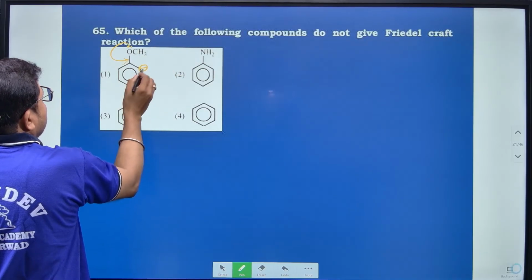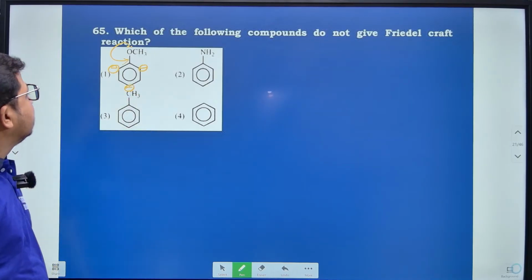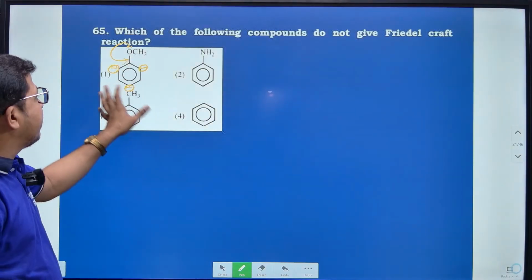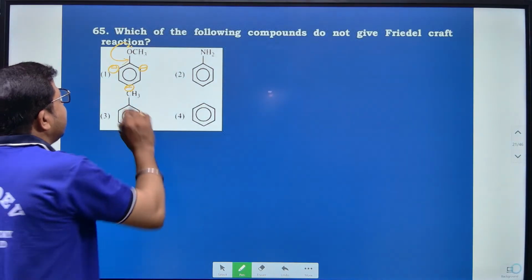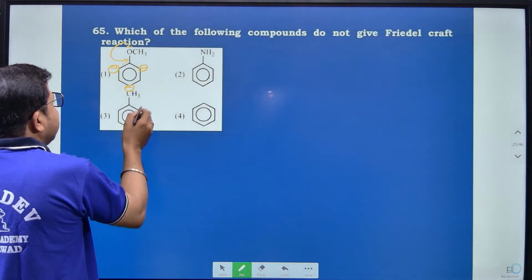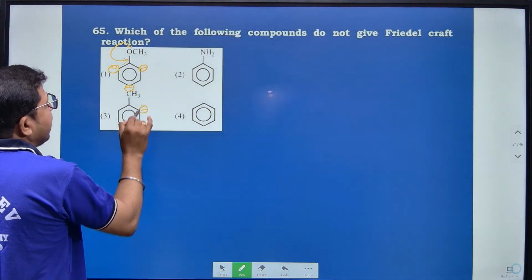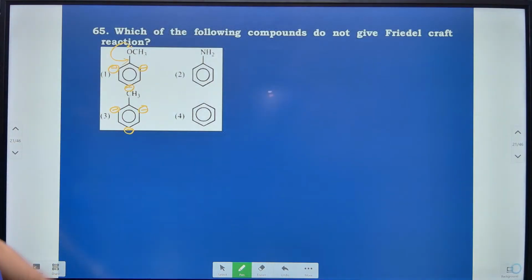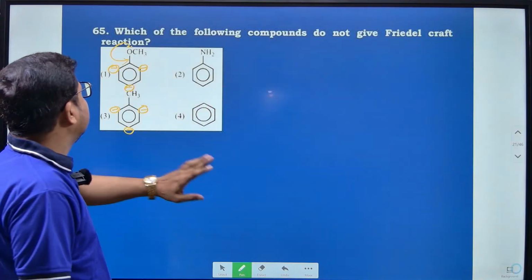Hence, 2 ortho positions and 1 para position are electron rich centers, and it is favorable for the Friedel-Crafts alkylation or acylation reaction. And option number 3, CH3, is also an ortho and para director, also an electron donating group, and it favors the 2 ortho and 1 para positions for the electrophilic substitution reaction, hence it favors the Friedel-Crafts reaction.